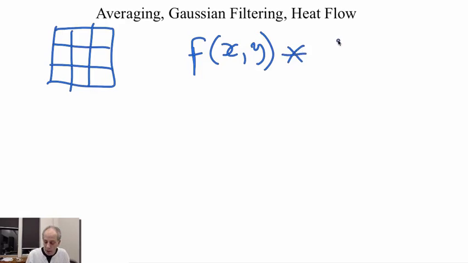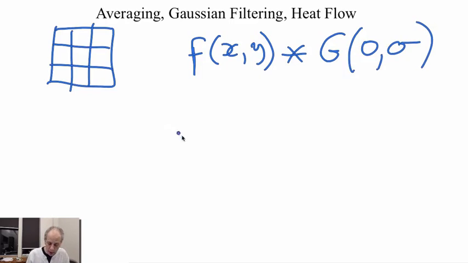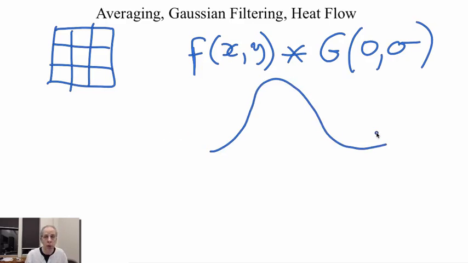Let's convolve it with what's called a Gaussian filter, just a Gaussian function that has average 0 and some variance. And remember, a Gaussian function looks something like this. It's one of the simplest functions we know.